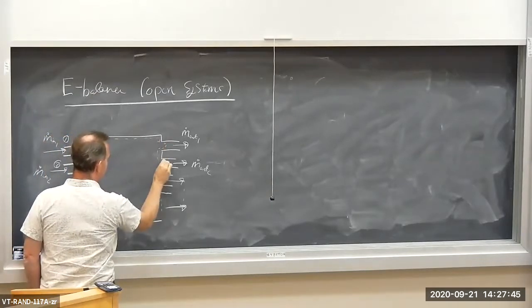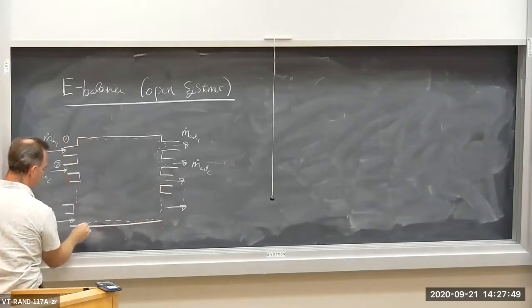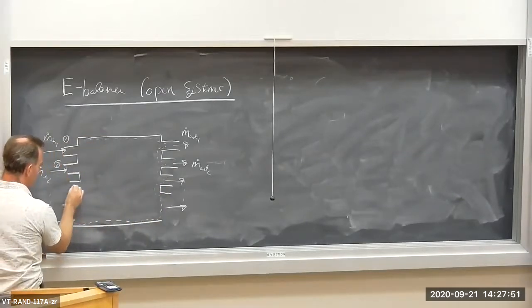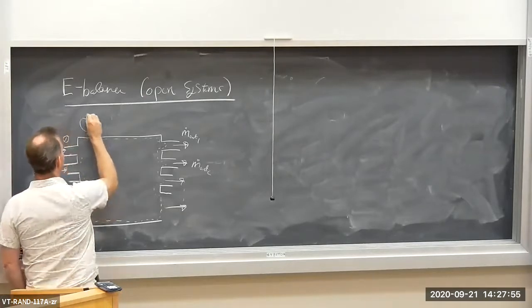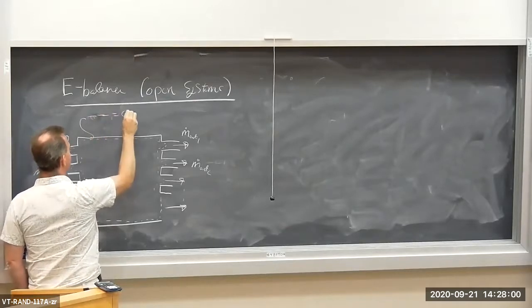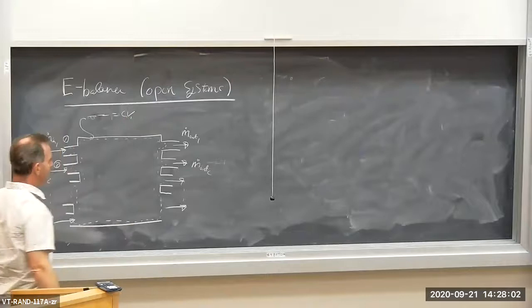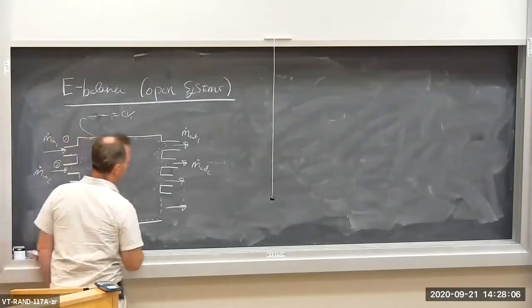We got mass crossing the system boundary at various locations. So that is my control volume or my system, okay? So we have all these inlet flows and all these outlet flows.